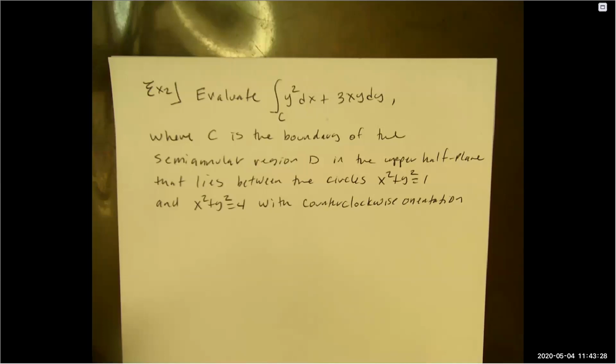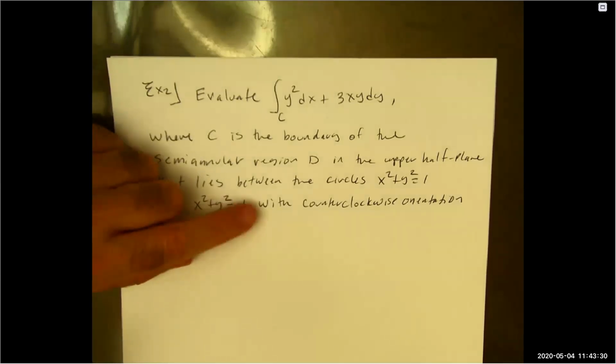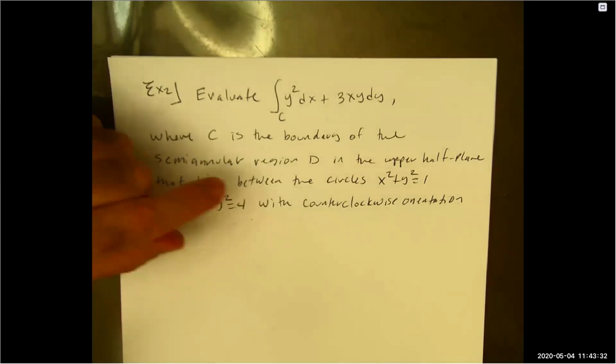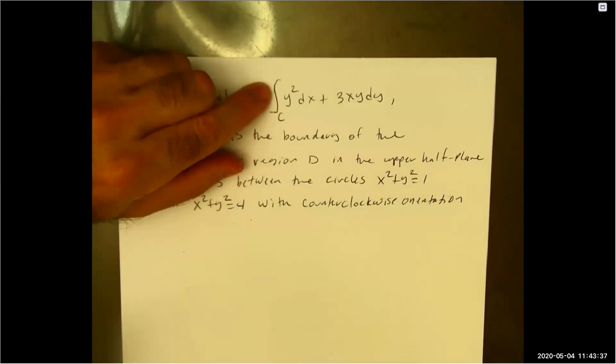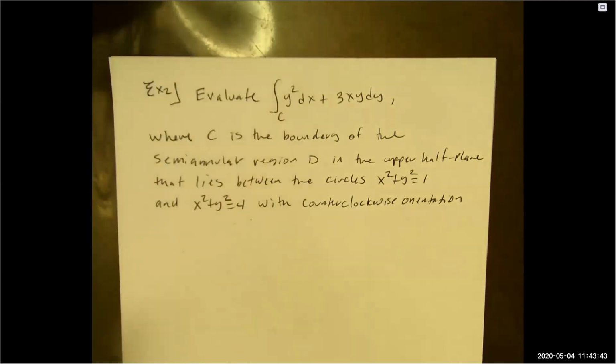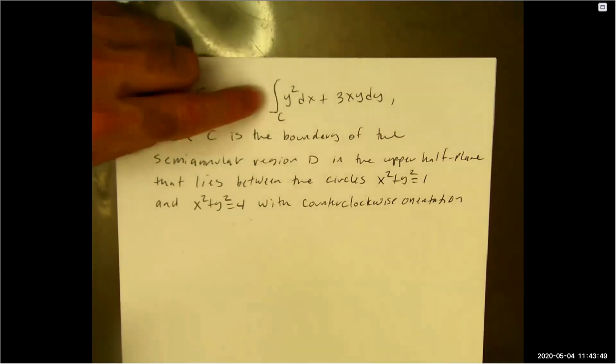If the orientation was clockwise, you could make it minus C and put a minus out in front and then use Green's theorem, because then minus C would have counterclockwise orientation. So we can still use Green's theorem when we have a clockwise orientation. We just have to take out a minus.